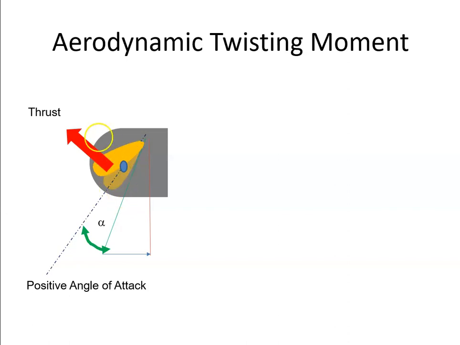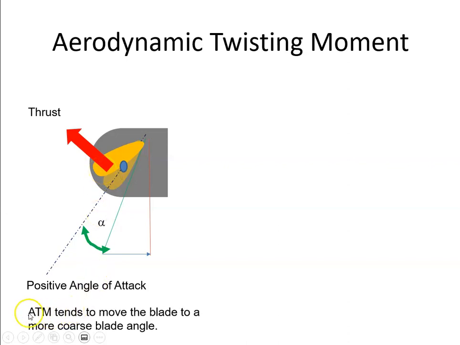So that will cause the propeller blade to want to increase its blade angle. Okay, so aerodynamic twisting moment tends to move the angle to a more coarse blade angle, but that's only when we have a positive angle of attack.